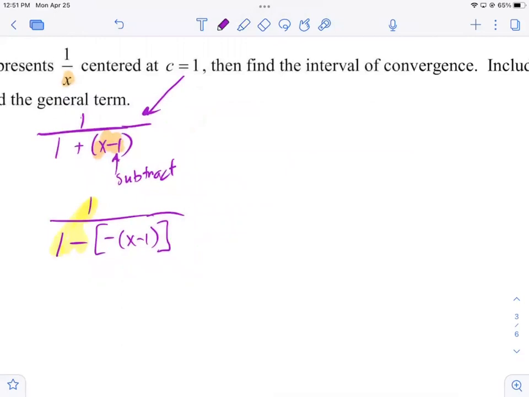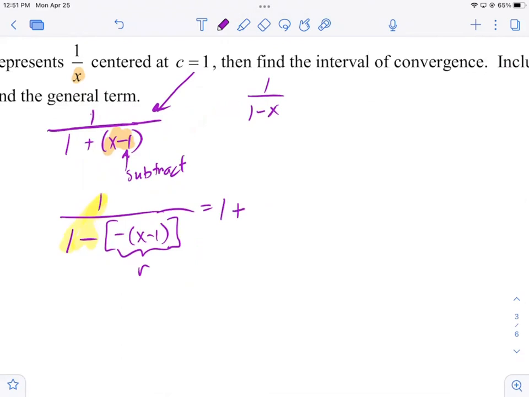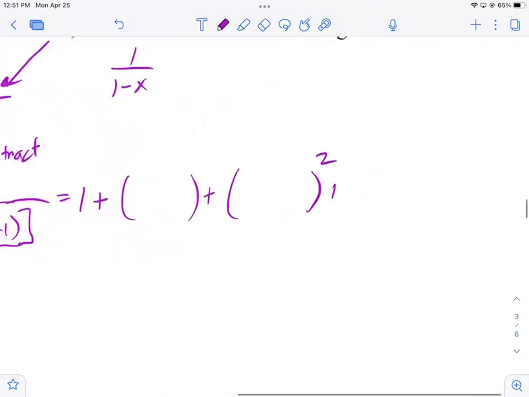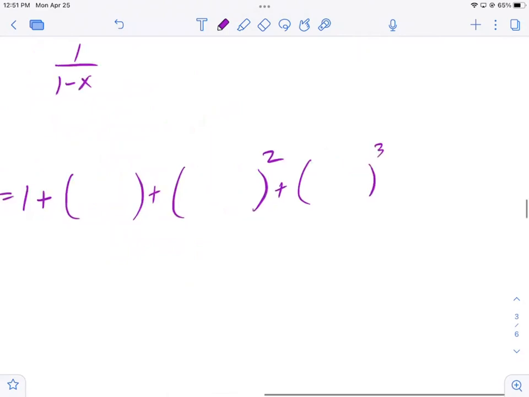Well, this whole thing is your r. We're going to go through the 1 over 1 minus x, and we're going to replace every x with the quantity negative x minus 1. You ready? This should be fun. 1 plus x squared plus x cubed plus yada, yada, yada, plus x to the n plus yada, yada, yada.